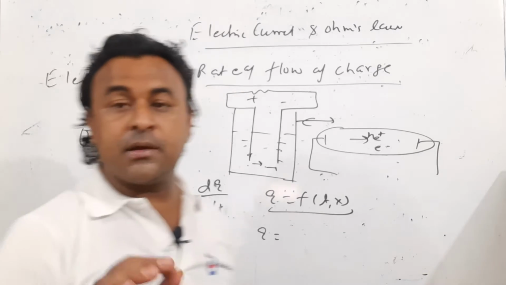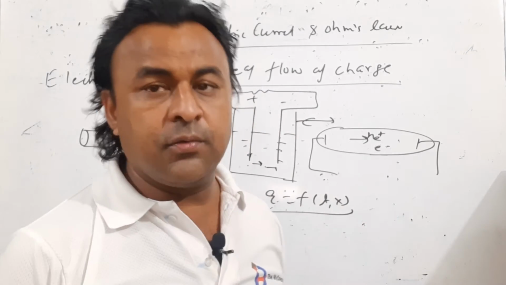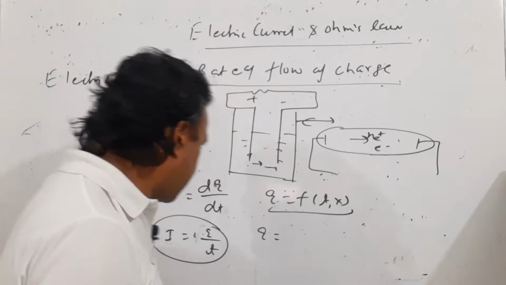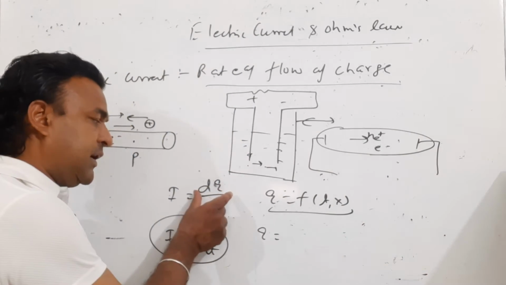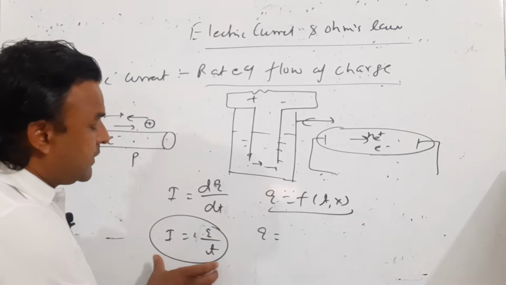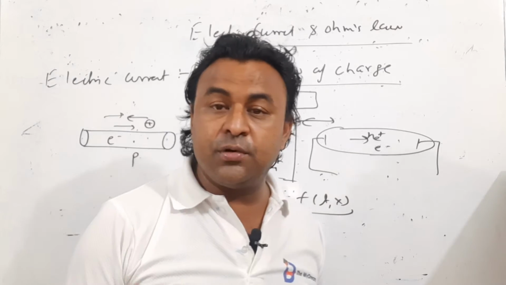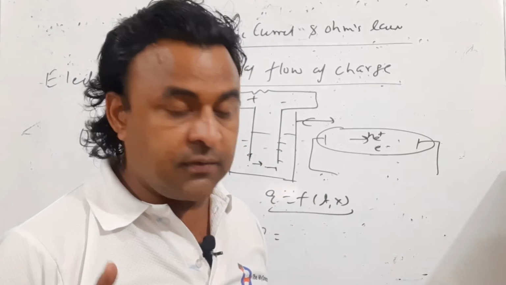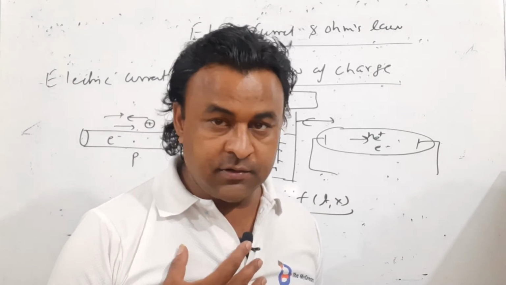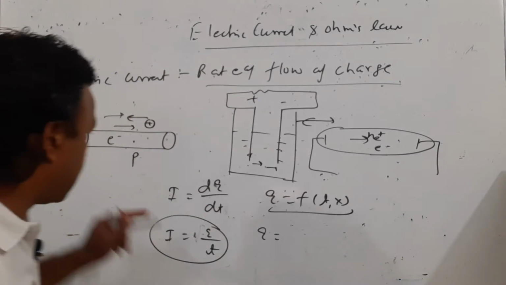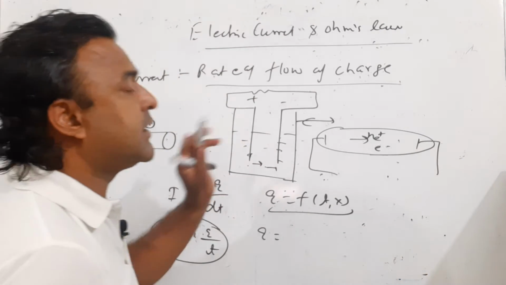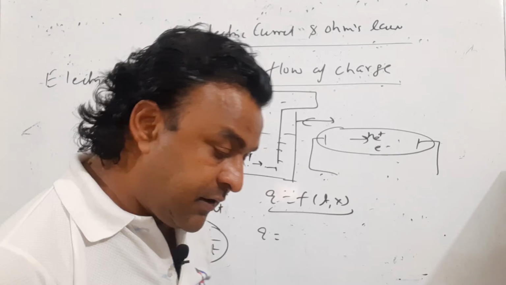So better to deal with the definition. Sometimes we need this, sometimes we need this. This is in case of metals. In both cases, the important thing is the rate of flow of charge. That is constant in case of metal wires, and here it can be variable, but the definition is the same.